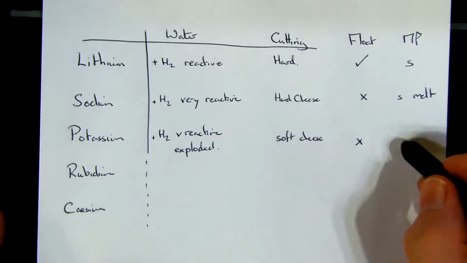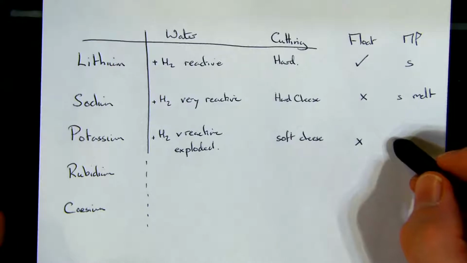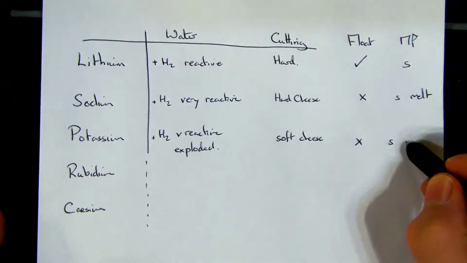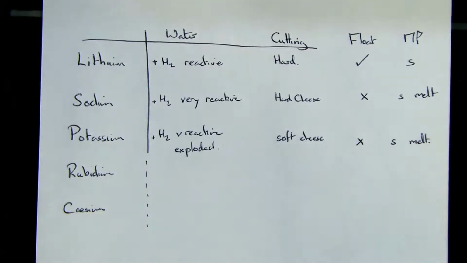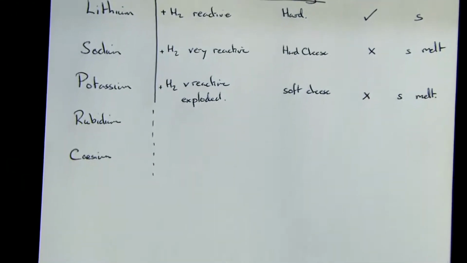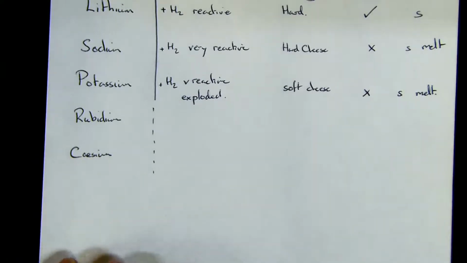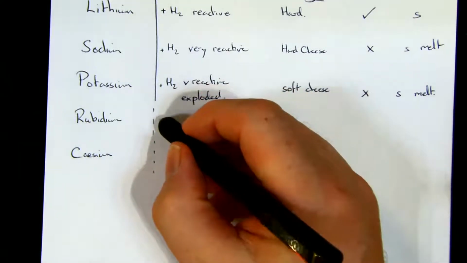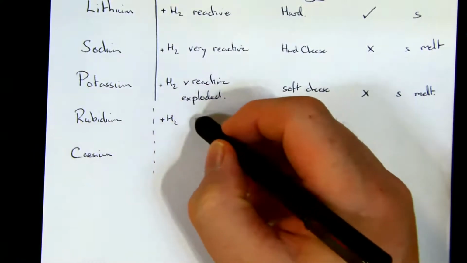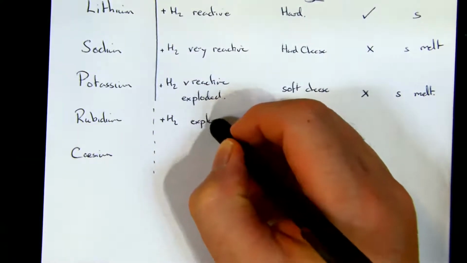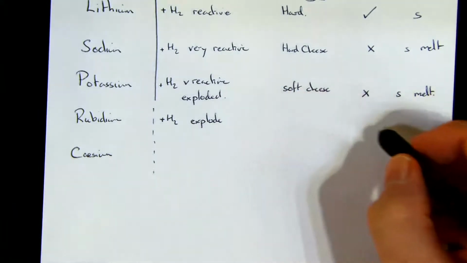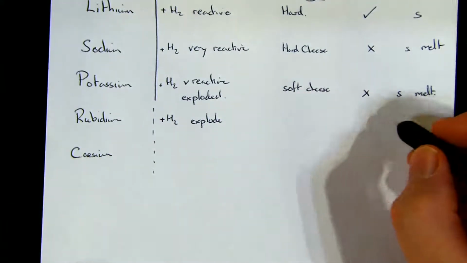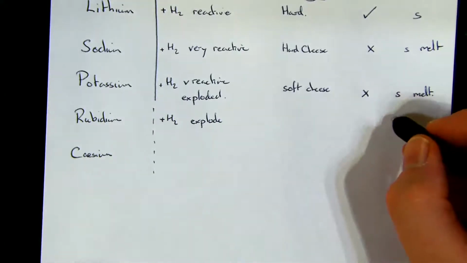We've got potassium, and very hard to tell whether that melted, but again, it was a solid, and we might have just about seen it had melted. Rubidium, well, let's see if we can guess with this one. Yes, it's going to produce hydrogen, and this one tends to explode on contact with water. Cutting, well, in fact, it's going to be very soft, this one.